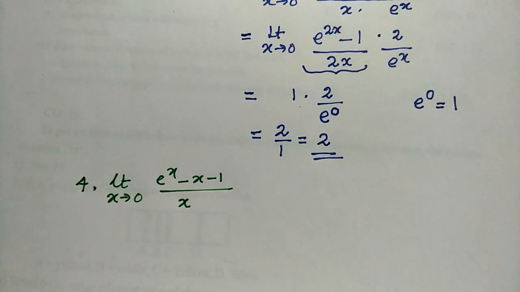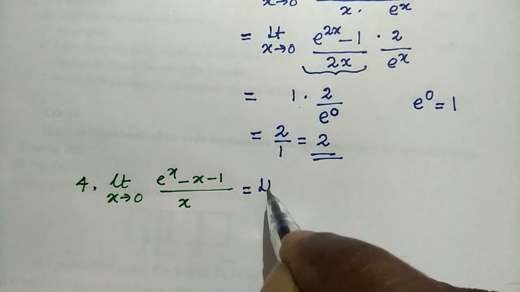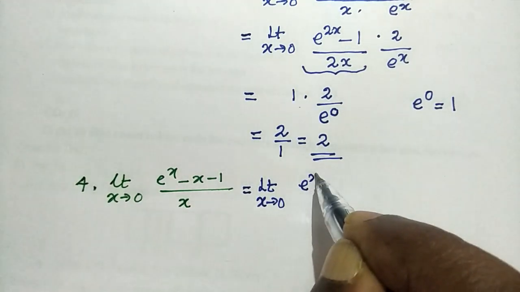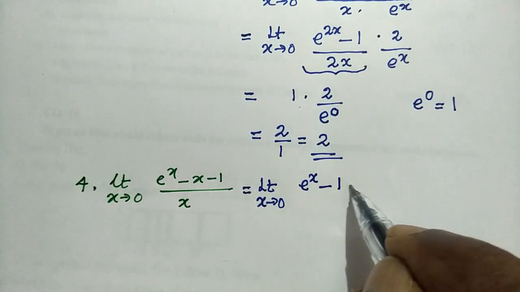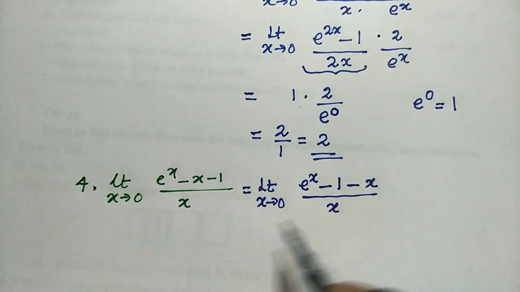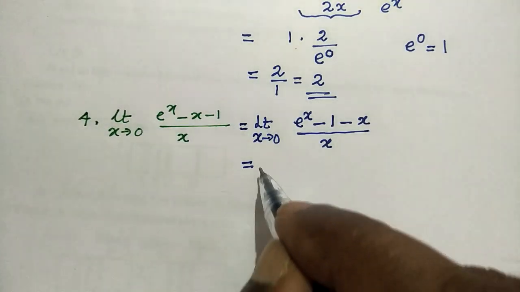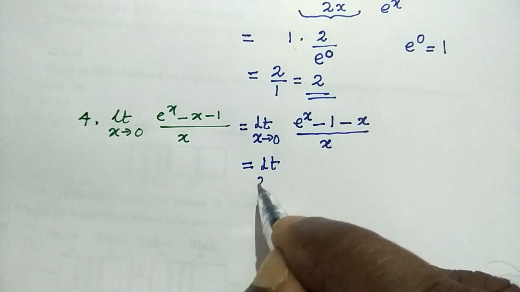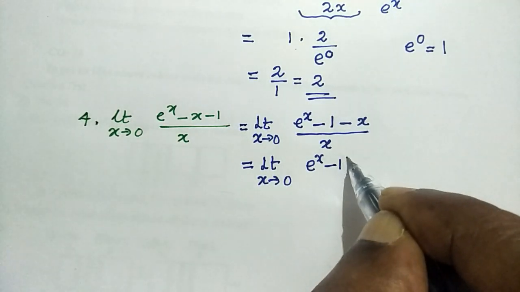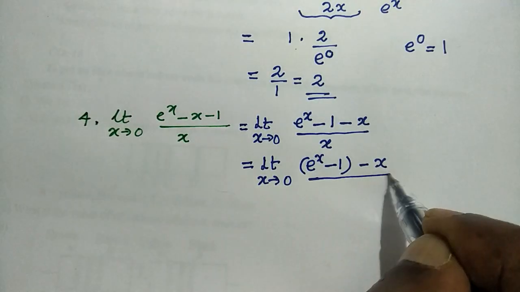And that is limit (e raised to x minus x). So limit x tends to 0, e raised to x, take this minus 1 first, divided by x. So we can arrange the numerator according to the standard result. So limit x tends to 0, (e raised to x minus 1), group these terms, minus x, divided by x.